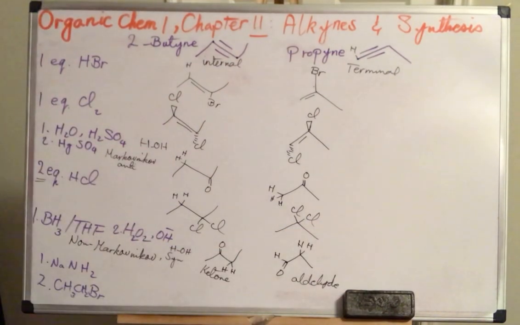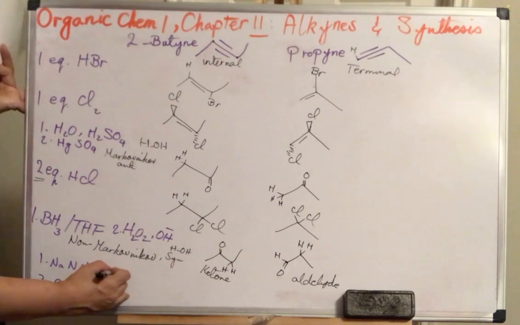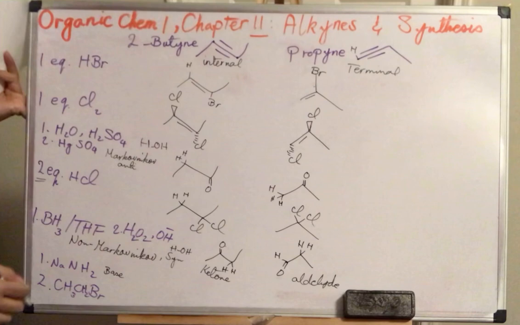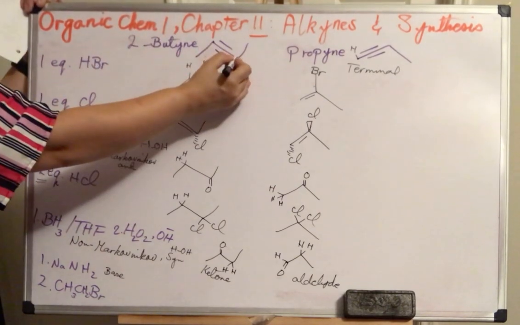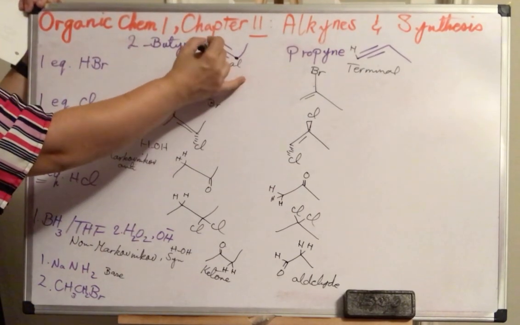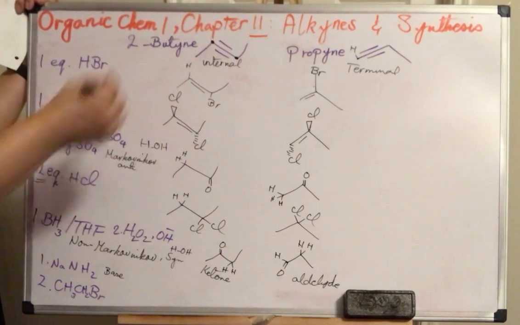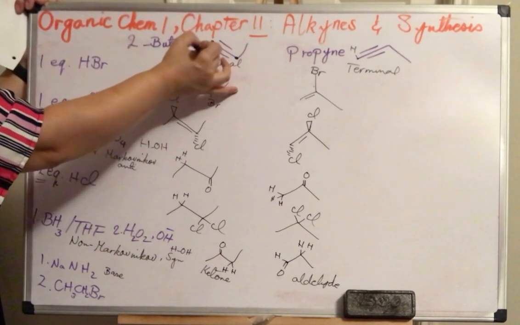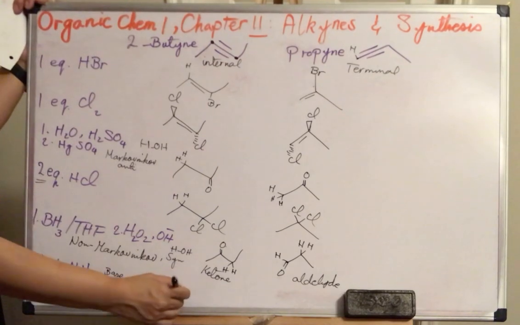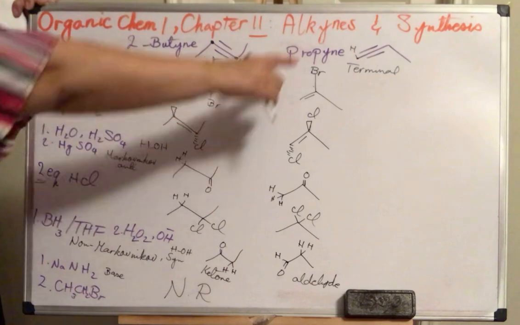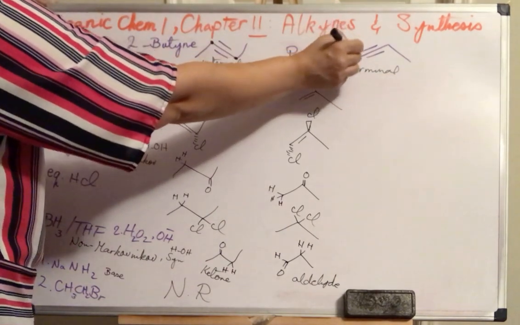Last one, with a strong base, we need to deprotonate our alkyne, but here, do we have any acidic hydrogens on the carbons of the triple bond? No, each one has 1, 2, 3, and 4. So there would be no reaction with this internal alkyne. With the terminal alkyne, this is our acidic hydrogen.